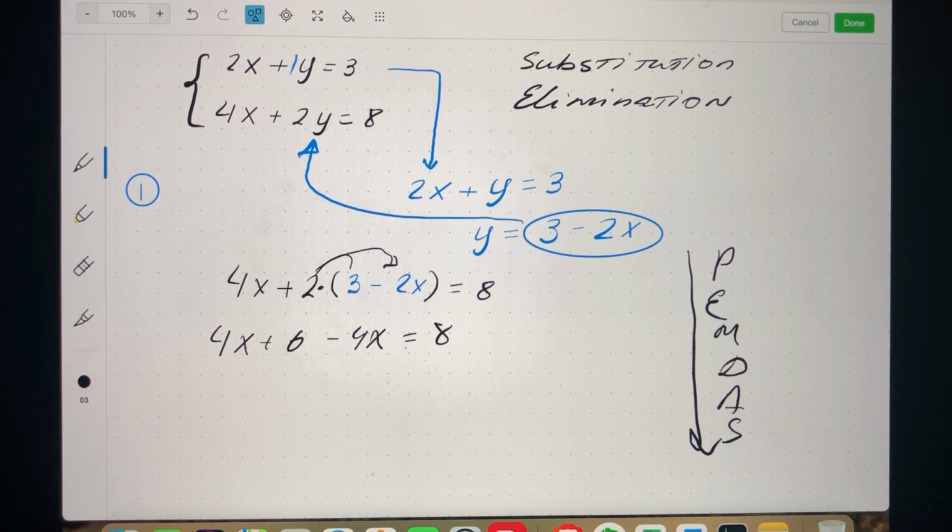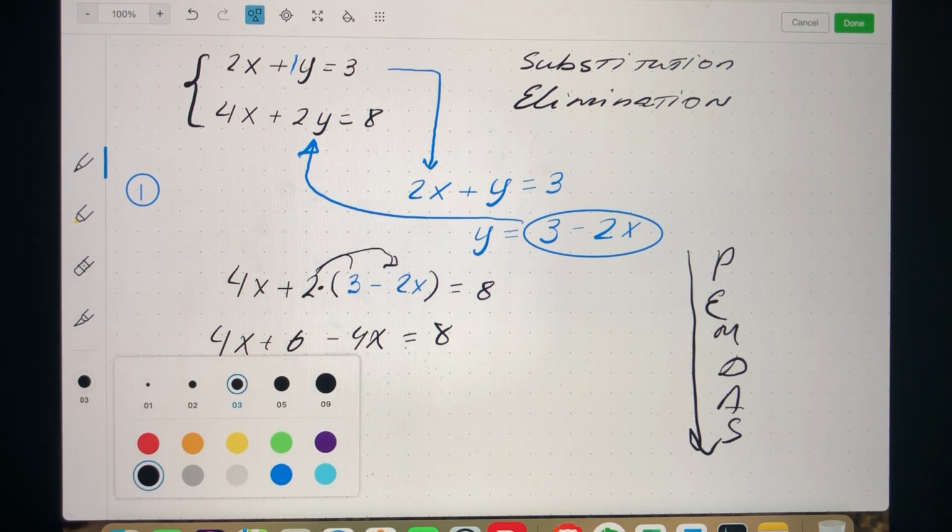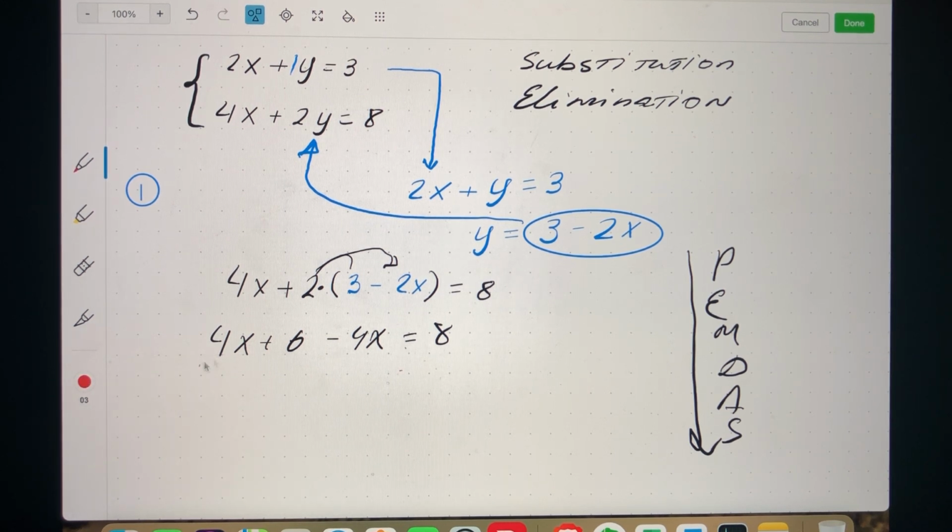Now at this point we see something cancels off. 4x minus 4x actually happens to be nothing, which leaves us with 6 equals 8. Well, there is no x to make it true, and 6 is never 8. Not true. Never true.